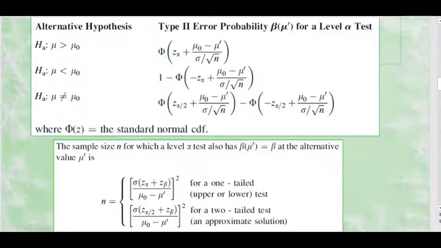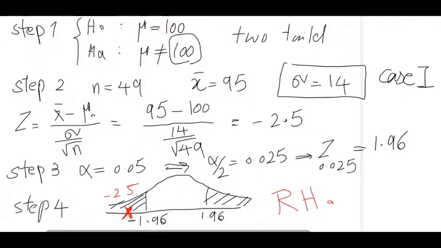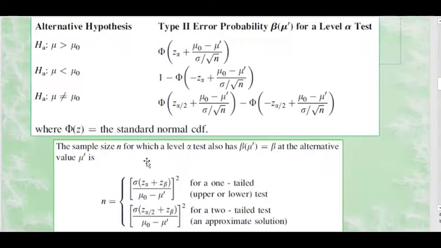So for part B, we want to calculate beta for 98. So we need Z alpha divided by 2, which is 1.96 plus, if you look at the formula, mu 0 minus mu prime.